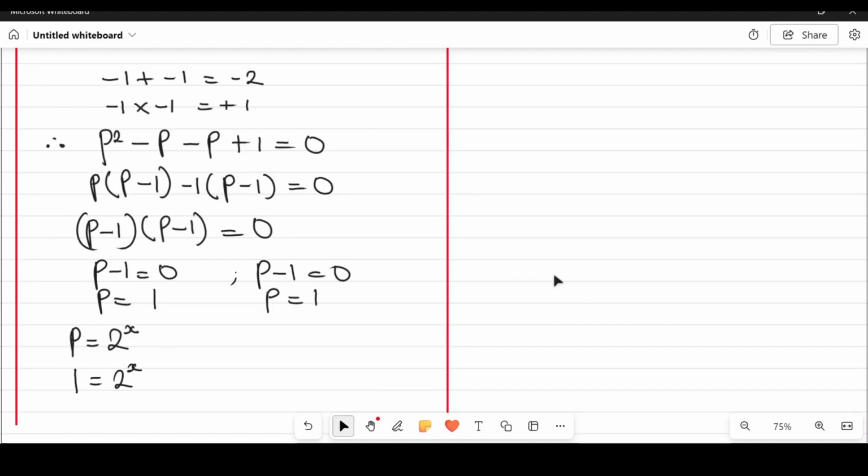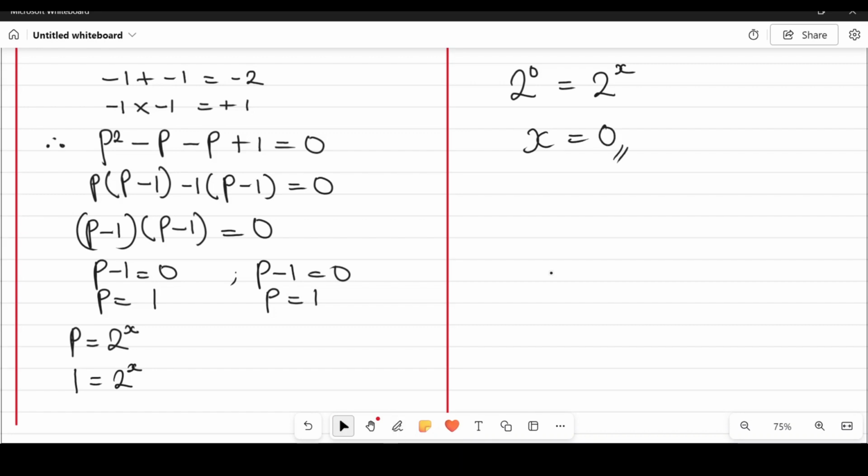From the zero law of indices, 1 can be expressed as 2 raised to the power of 0, which is equal to 2 raised to the power of x. Since we have equal bases, we equate the powers. So x is equal to 0.